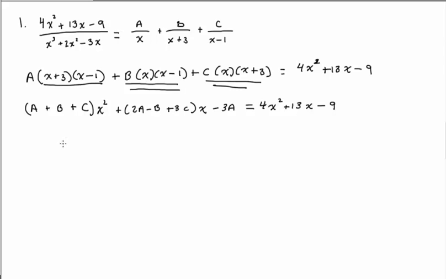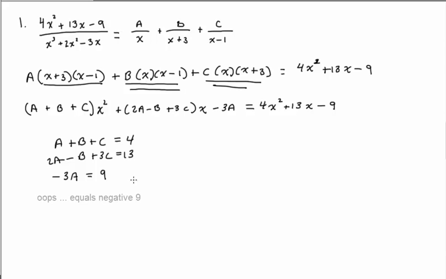So this leads to a system of equations where a plus b plus c equals 4, 2a minus b plus 3c equals 13, and finally, negative 3a equals 9. So this is a pretty easy one to solve, but I'm going to save the solving for later.